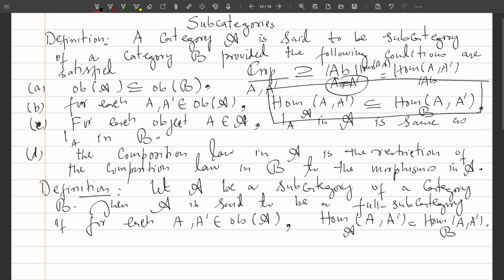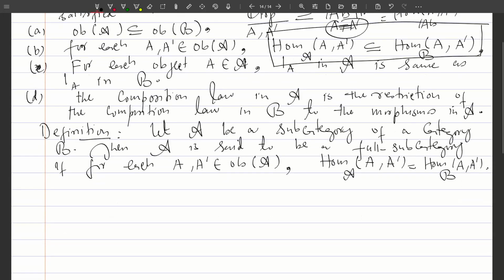Because of the nature of full subcategories, a full subcategory of a category B can be determined by specifying its object class within B. So all we need is to specify the object class. This is a remark. Let us call these remarks.